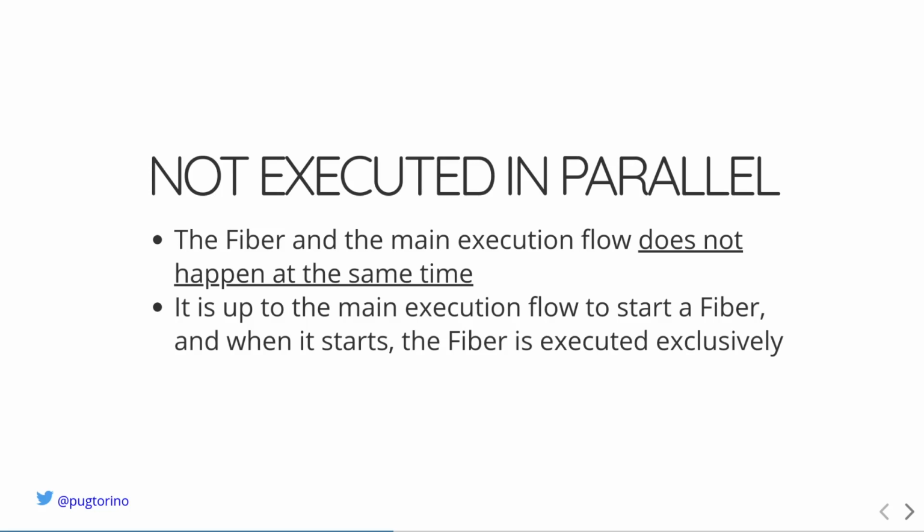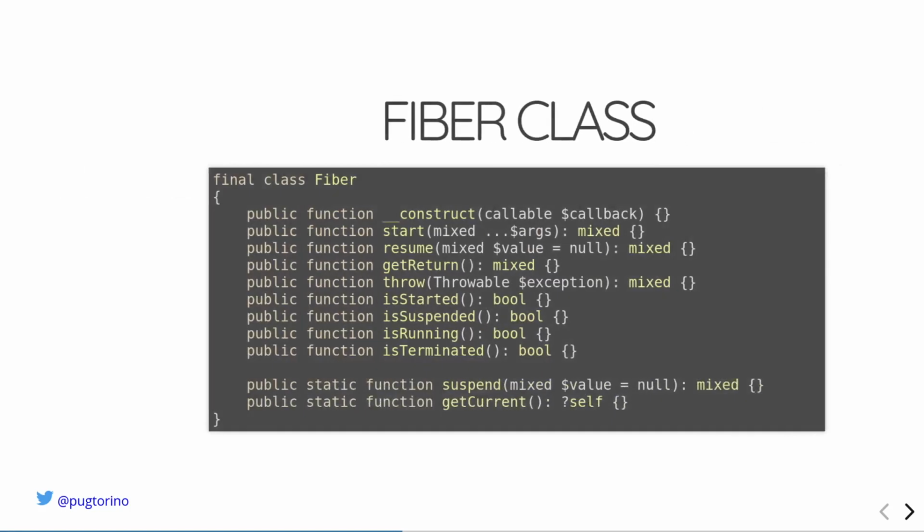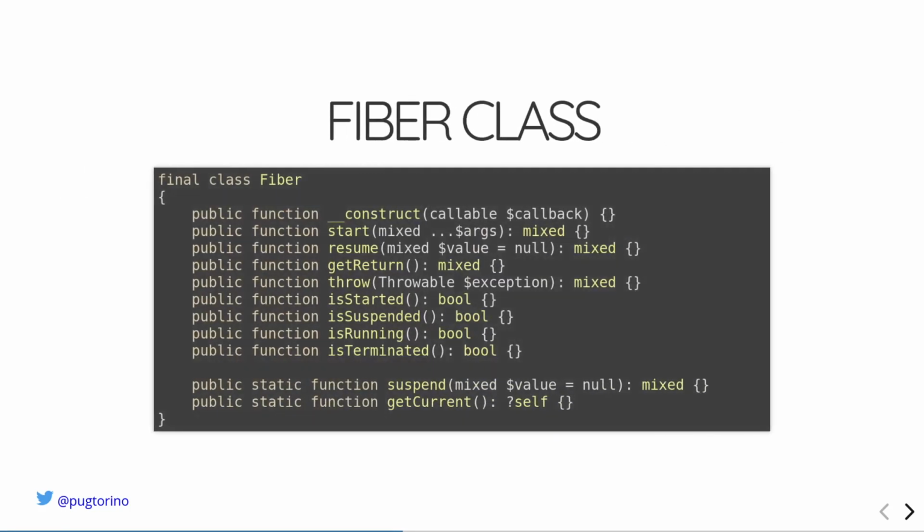This means that you cannot execute two fibers at the same time. Only one fiber can be executed. The execution is always linear. It is not possible to execute two parallel fibers at the same time.